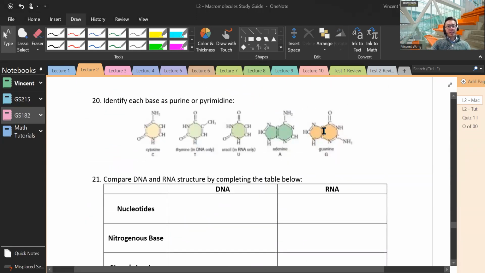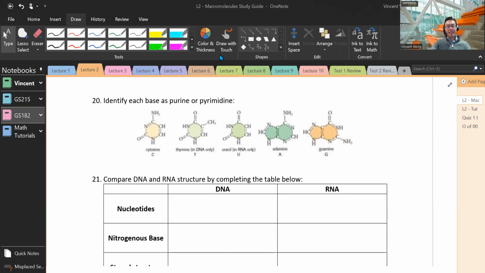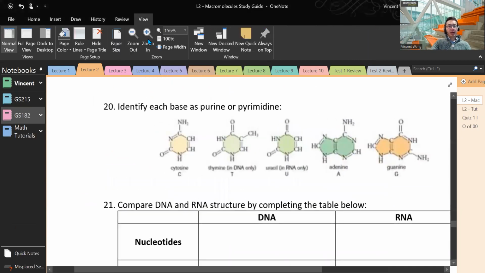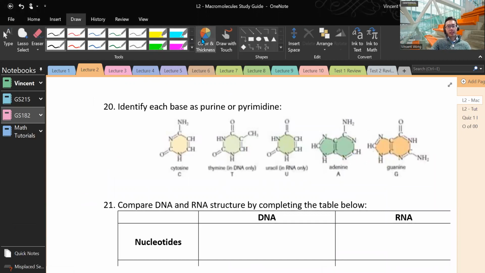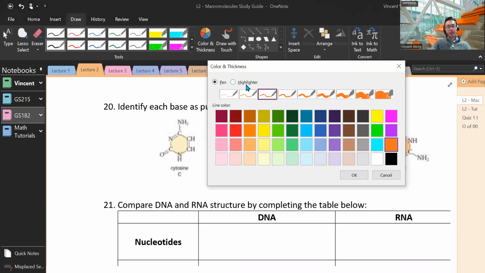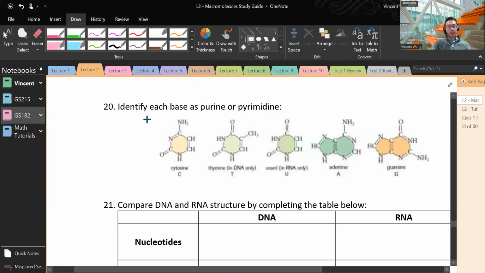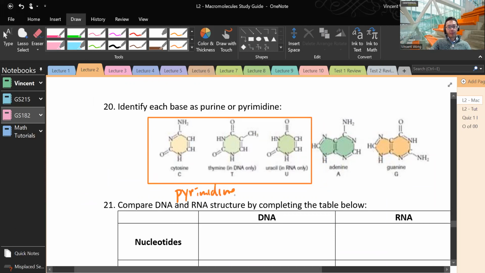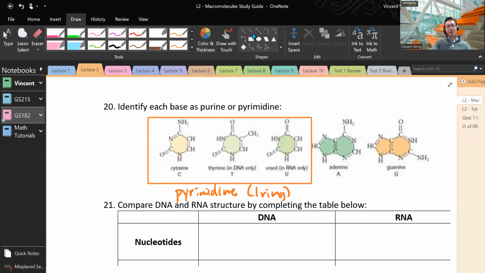Identify each base as purine or pyrimidine. The first three are the pyrimidines. Pyrimidines have one ring in their structure. So we have cytosine, thymine, and uracil. These are considered pyrimidines.